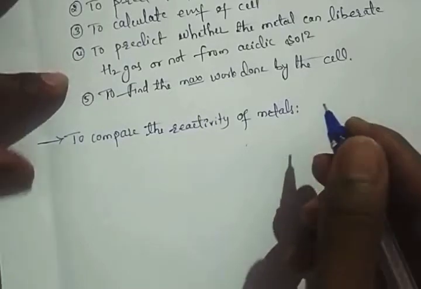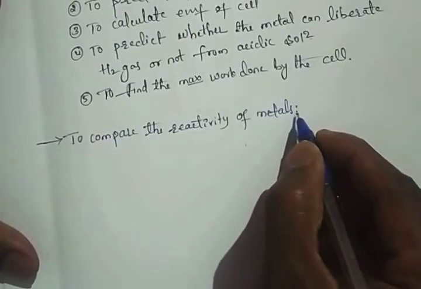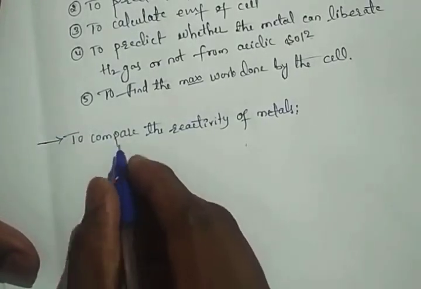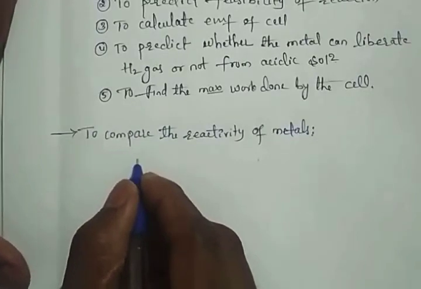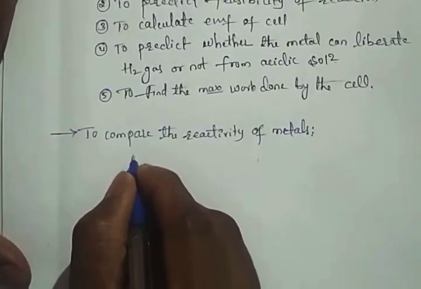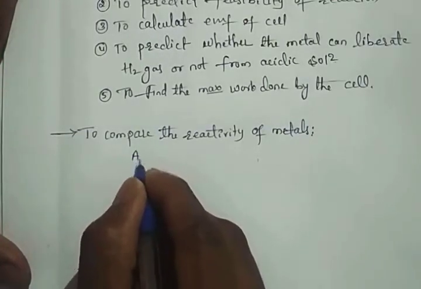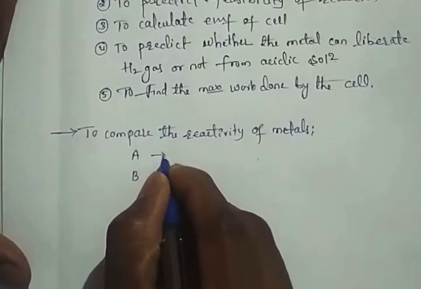So how are we going to compare the activities or reactivity? In general, let us consider two metals, or electrodes, A and B, whose SRP values, E0 values, are given.